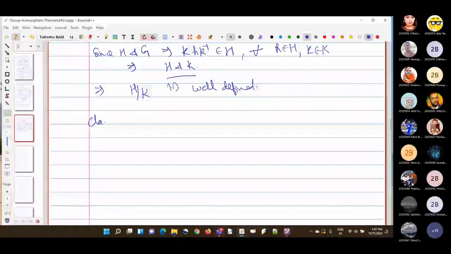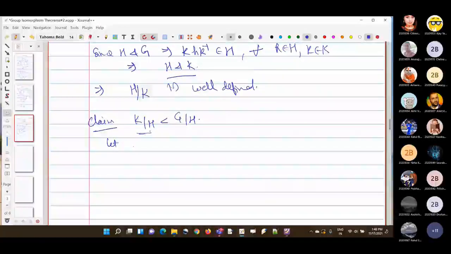Okay. Now next claim, K by H is a subgroup of G by H. Fine. So we have the two step test and the one step test also. So let us try it with the one step test. We can take two elements from here.